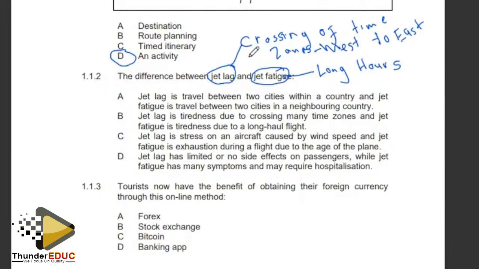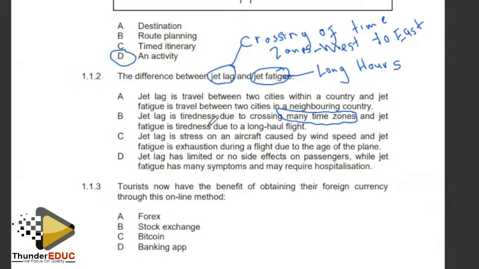So let's look at our options which we have there. The option which best matches the descriptions given above is actually option B. Jet lag is tiredness due to crossing many time zones. When you travel from east to west or from west to east, you actually cross many time zones.